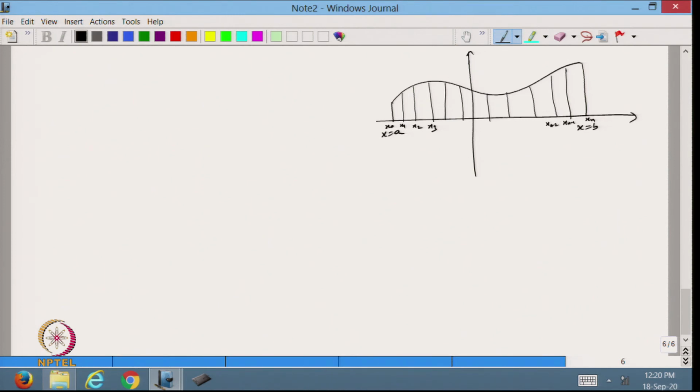Now, instead of taking one quadratic polynomial for the whole function, I will split this into subintervals, and I choose these 3 values.